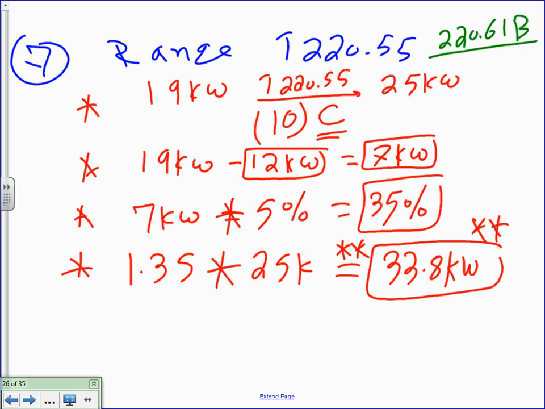Why 12? Because if you go to note number 1, it will tell you. I should write note number 1 here too. So this is also note number 1, table 220.55, the ranges.